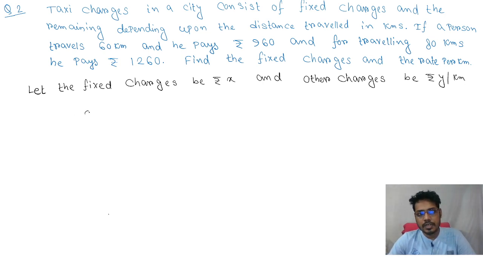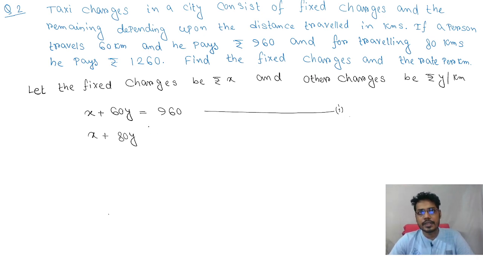Now here fixed charges X plus 60 kilometers, that is 60Y, X plus 60Y will be 960, that will be equation number 1. Now the fixed charges plus 80 kilometers, so that is 80Y, X plus 80Y will be equal to 1260, that will be equation number 2.